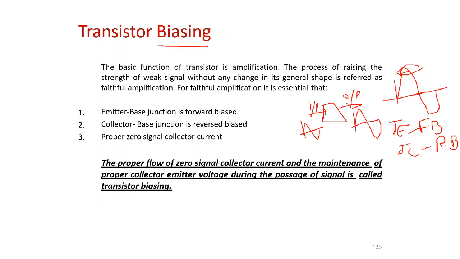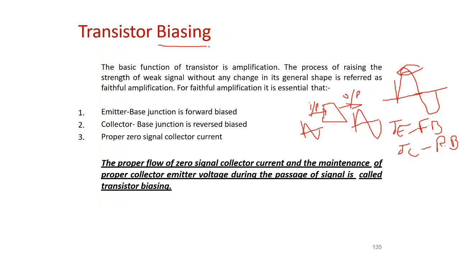Biasing is nothing but the proper choice of resistance values and supply voltages to do the amplification process without changing the shape of the signal. For that purpose, it requires mainly maintaining a proper collector-emitter voltage.